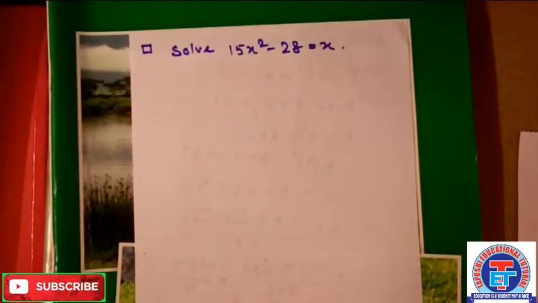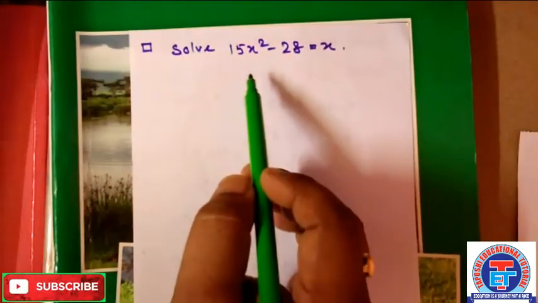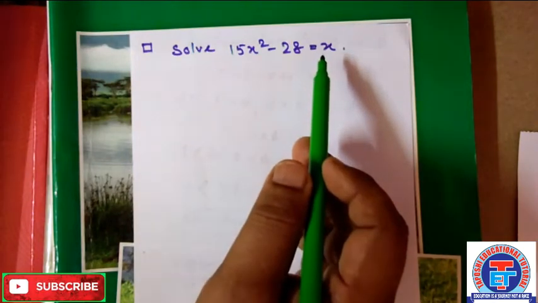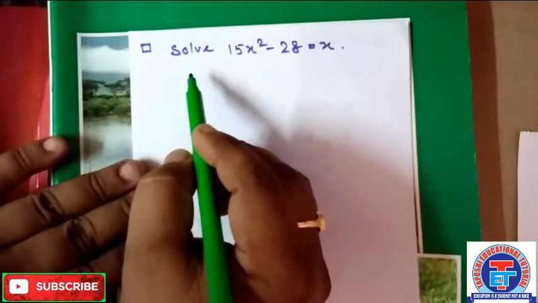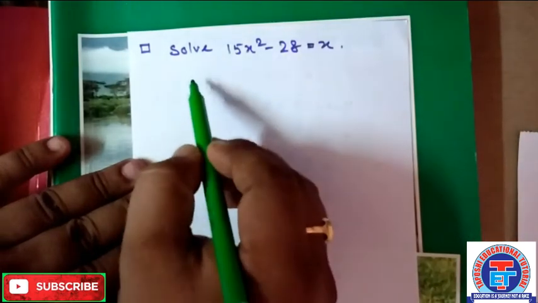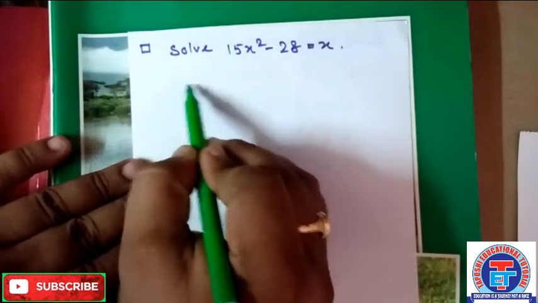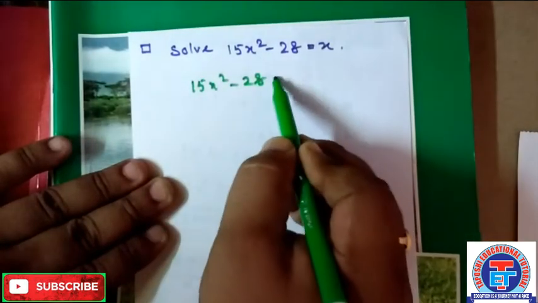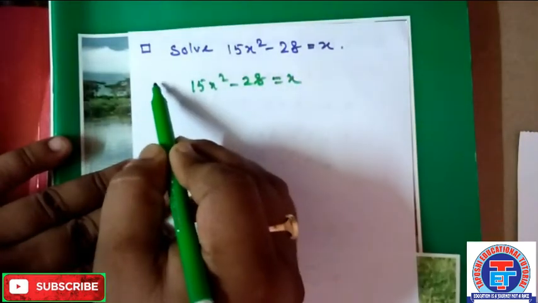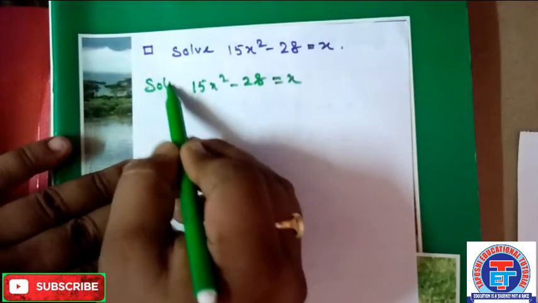Now my dear student, here given 15x square minus 28 is equal to x. Okay, now we solve this problem here by the formula method. Here we can write 15x square minus 28 is equal to x. Right, solution.